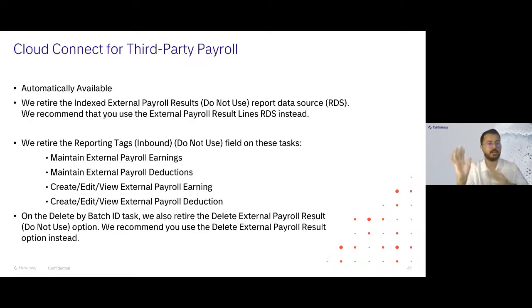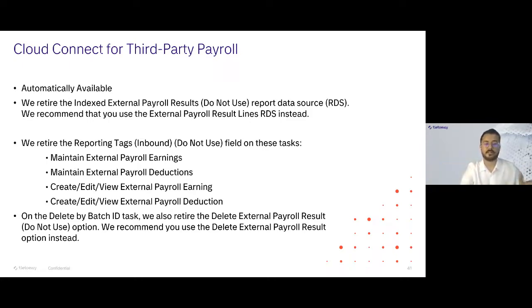Then I looked into one of my customers' tenants, and that is the reason I cannot show you the screenshots. But just to confirm my query, when I typed in external payroll earnings, I could see it has been written there, do not use, it is going to expire.